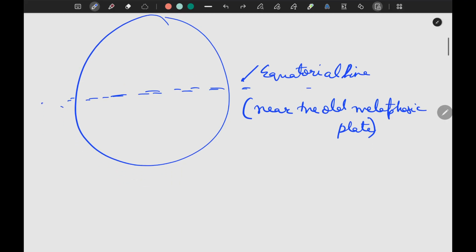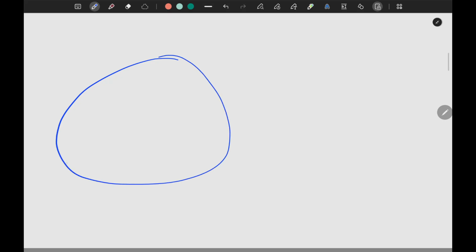So what happens basically, suppose this is a cell, and here it forms a groove like structure.